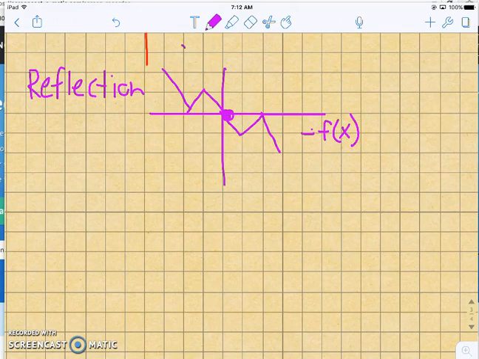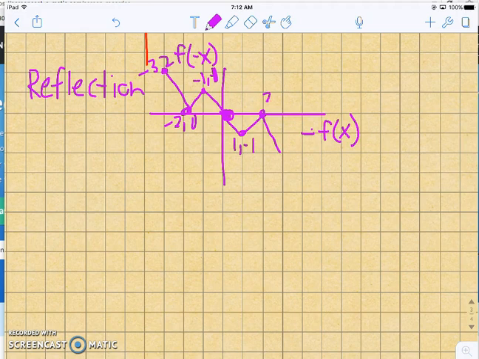So this is f of negative x. And you can look at those coordinates. So this is now negative 3, 2. So the opposite of our x value: negative 2, 0, negative 1, positive 1, excuse me. And here we have 1, negative 1, 2, 0, and 3, negative 2. So it's our opposite y values.